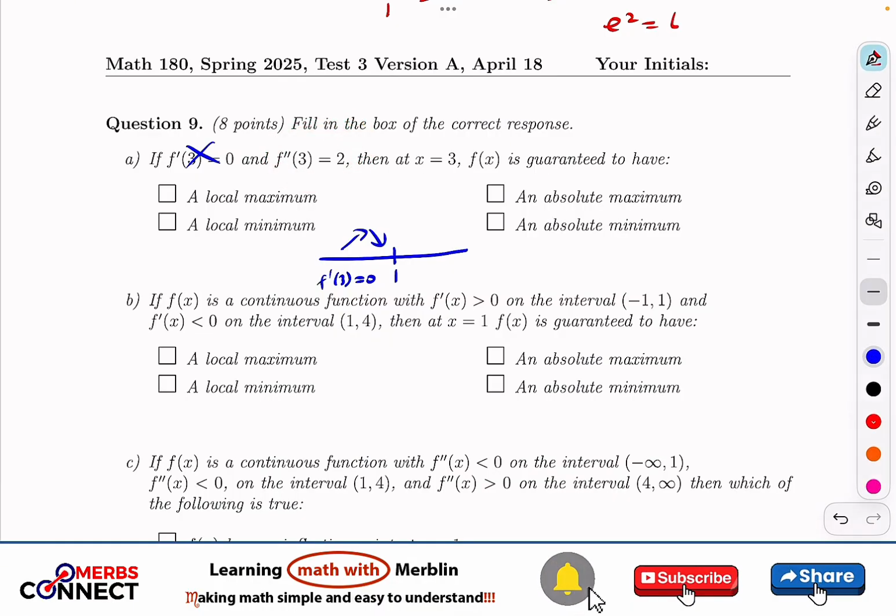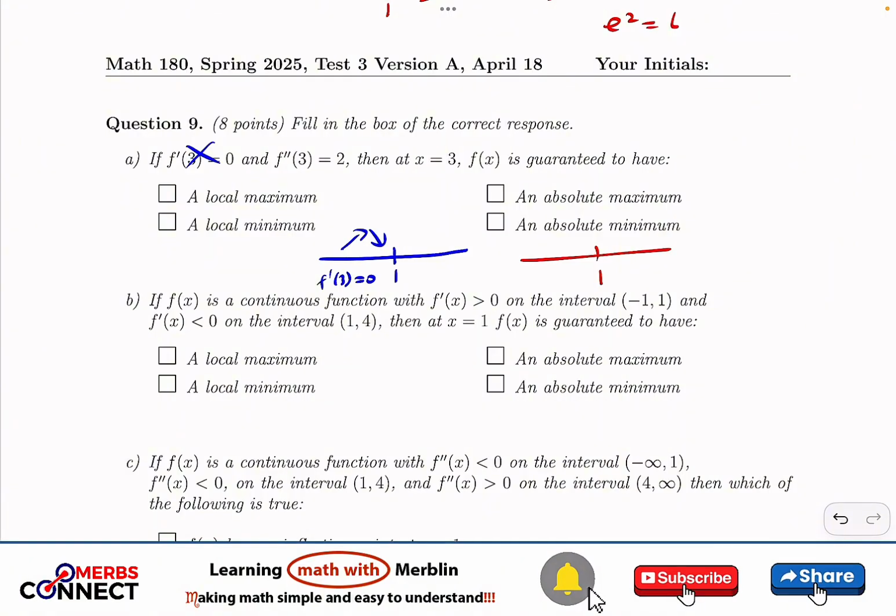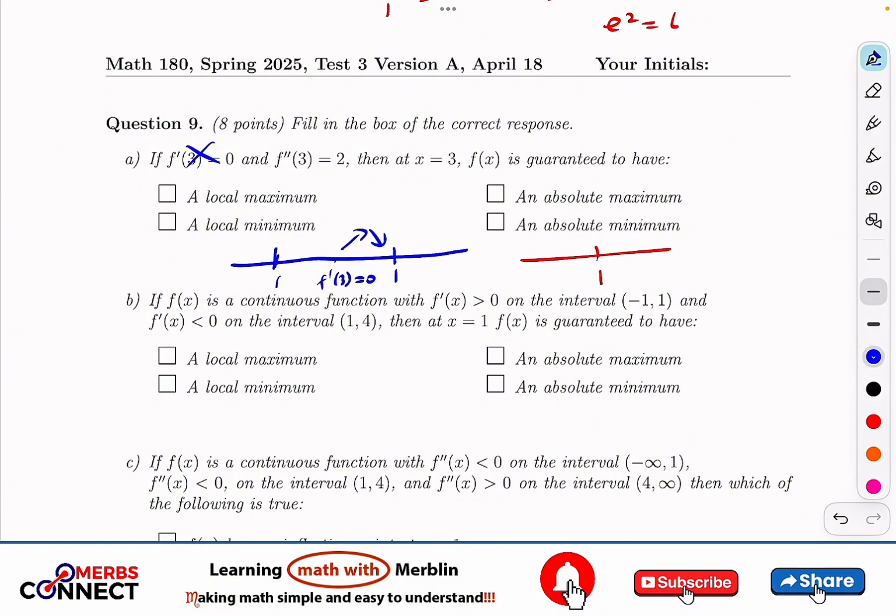So now, f double prime of 3 is equal to 2, which is positive.